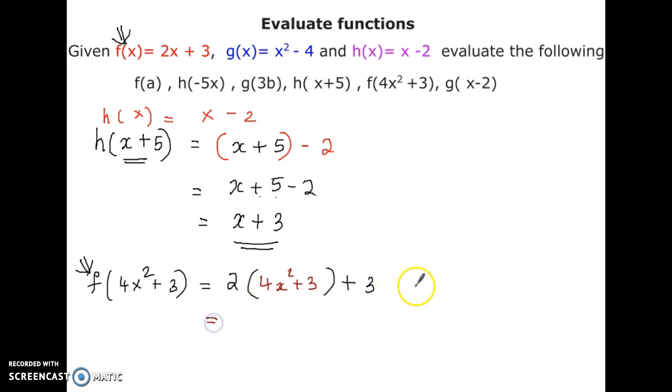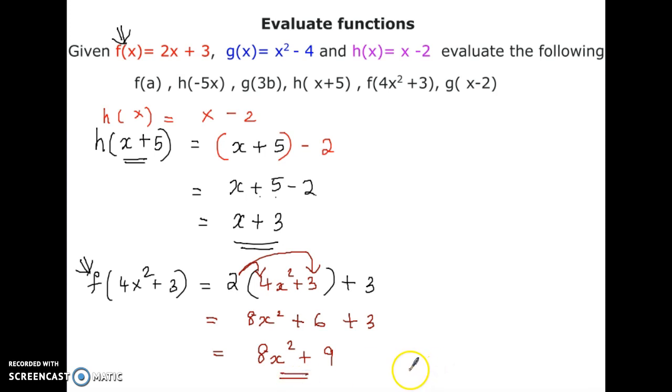So what we do here is, if you have parentheses, we have to distribute the number 2 inside the parentheses. So 2 times 4x squared is 8x squared. 2 times positive 3 is 6. And then lastly, I have this 3, which I bring down here. Is there anything to combine at this point? We can combine 6 and 3, and 6 plus 3 is 9. So that's our final expression for that answer.